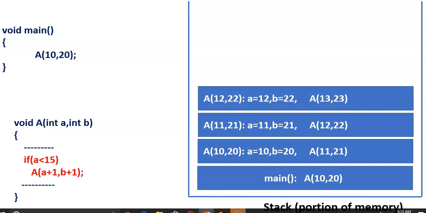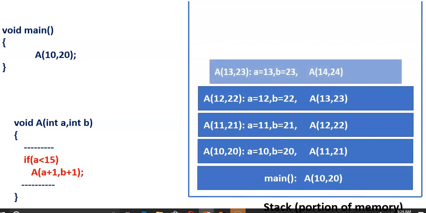Another copy of a function is created with values 12 and 22. Then the local variables of the a function again get memory locations, with a equal to 12 and b equal to 22. Here 12 is again less than 15, then it will call a of 12 plus 1, that is 13, and b plus 1, that is 23.